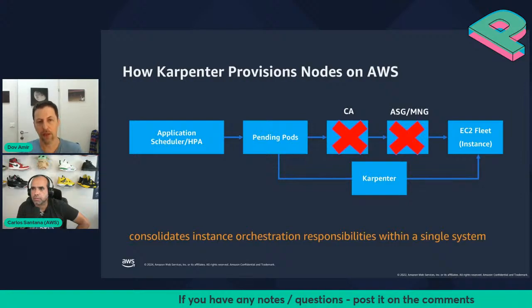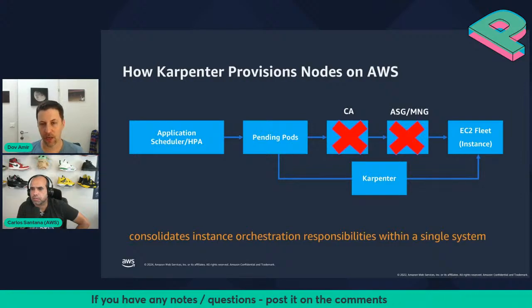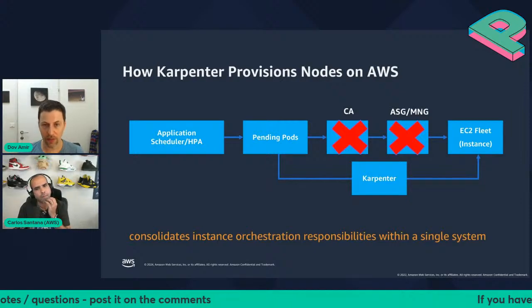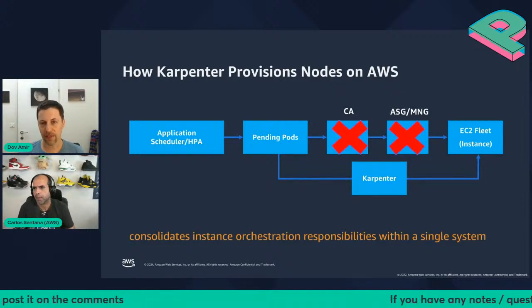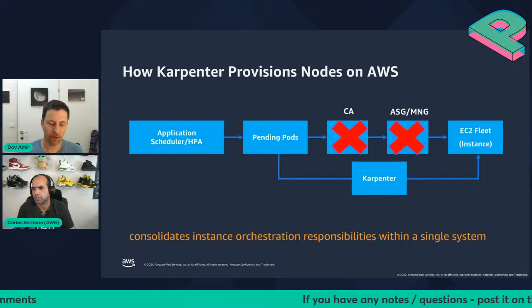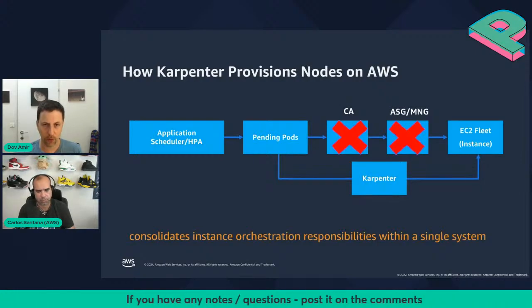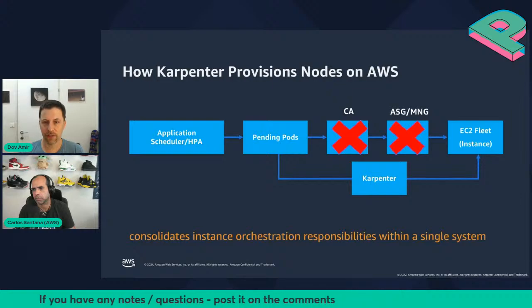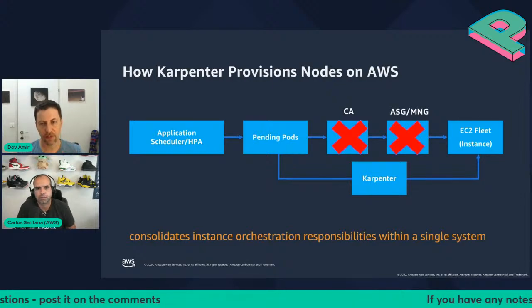Karpenter calculates the total amount of CPU and memory all the pending pods need, and it calls the EC2 Fleet API directly. So there's no intermediary of managed node groups or auto-scaling groups, and it just spins up the instances that fit the size of the pending pods.